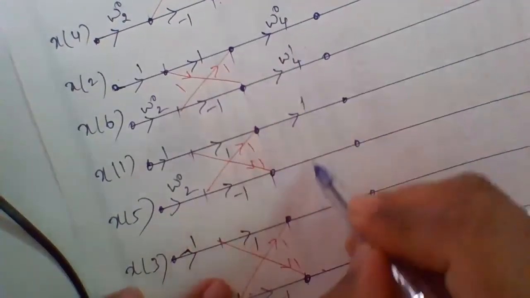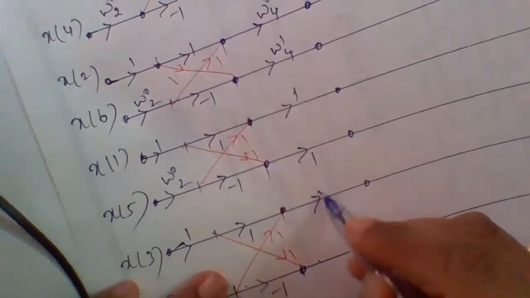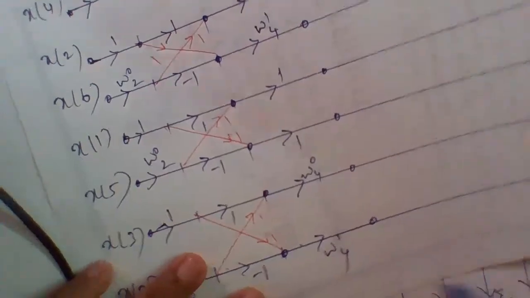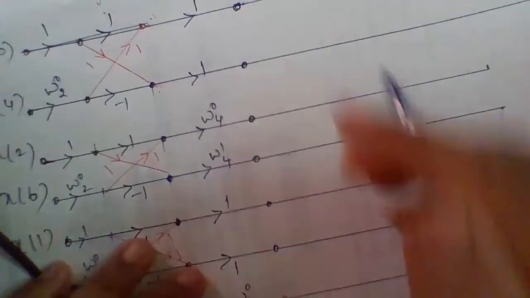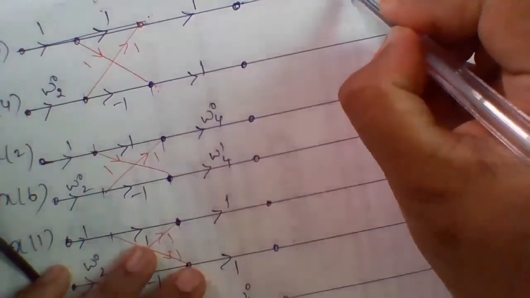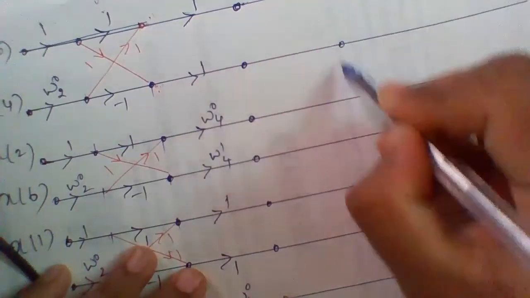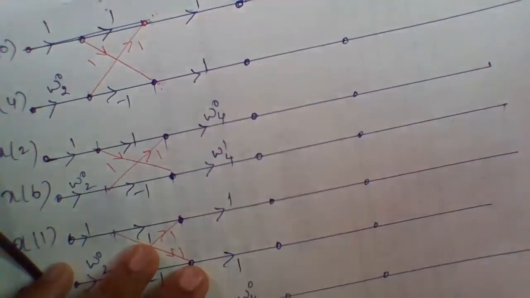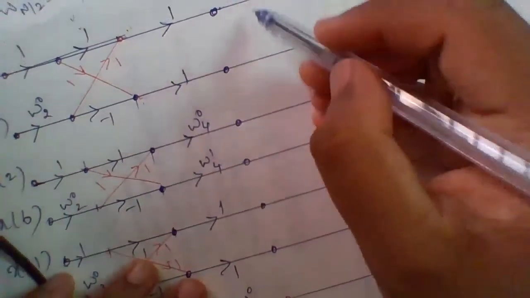Similarly 1, 1, W raised to 0 of 4, W raised to 1 of 4. Once you write the twiddle factors, it is time to connect the lines, showing the plus 1s and minus 1s.